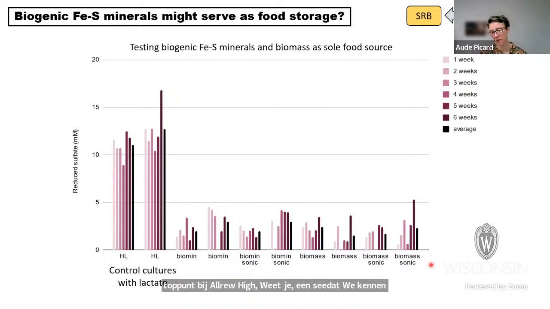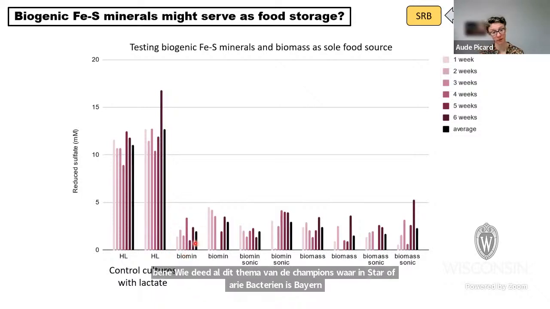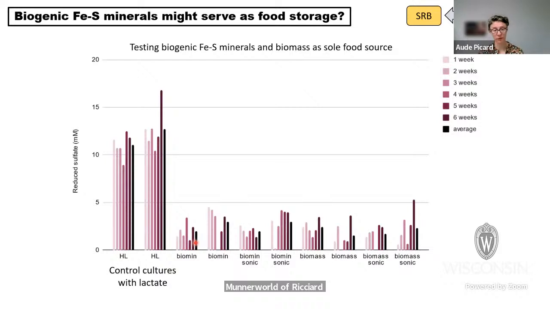And then we did all these different conditions where instead of adding lactate, we added biominerals, recovered from another culture, and then put into the medium. So they had nothing other than that. We have the biominerals. We sonicated those biominerals. We also used the biomass. So we used a big pellet of cells that we put in the medium, and then we sonicated it.